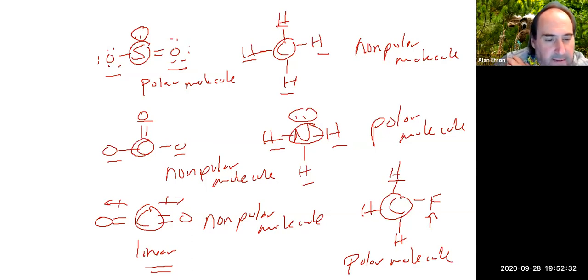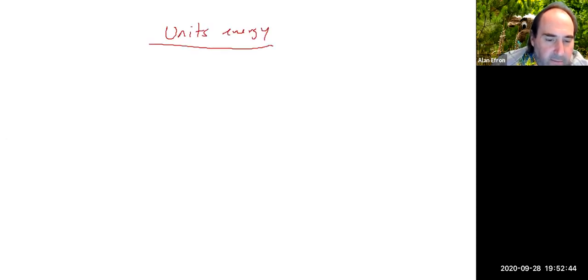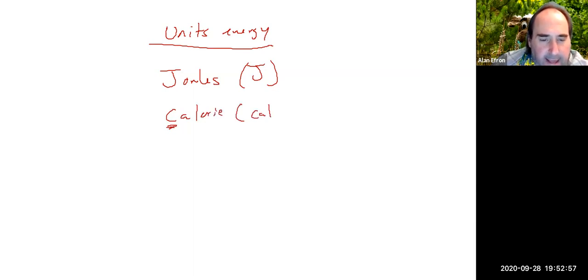All right, let's see, units of energy. Really, there's joules, which are J. There's little calories with little c, which is our calories. And the relationship between this is there's 4.184 joules equals 1 calorie.